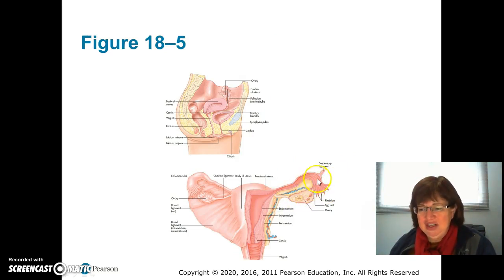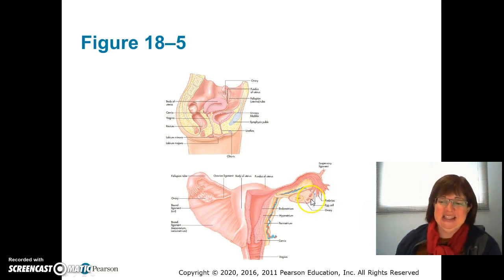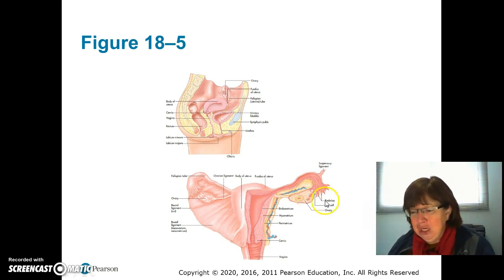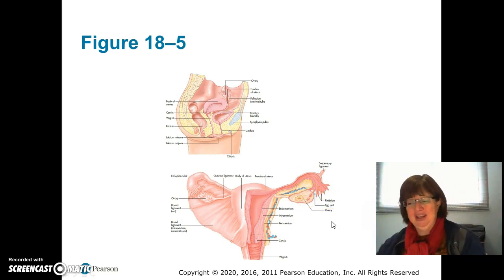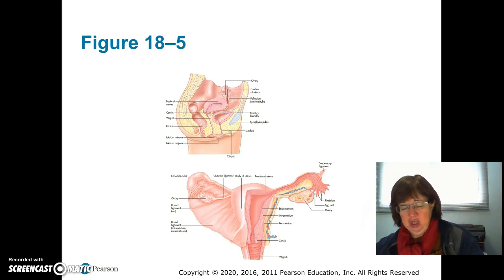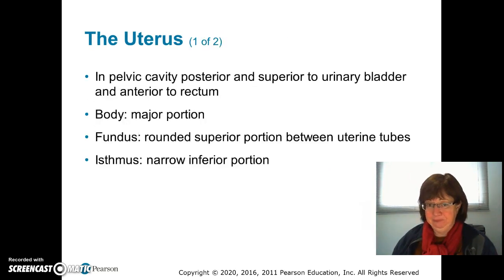So the endometrial lining can escape this way, or the opposite way: as ovulation occurs, the egg will be picked up by the oviduct, but it can also be put out into the abdomen, which can cause problems during development.